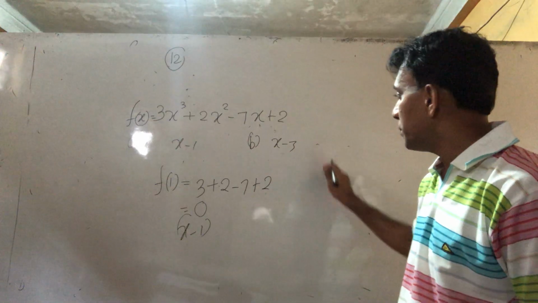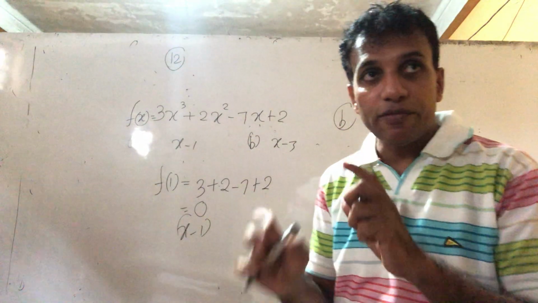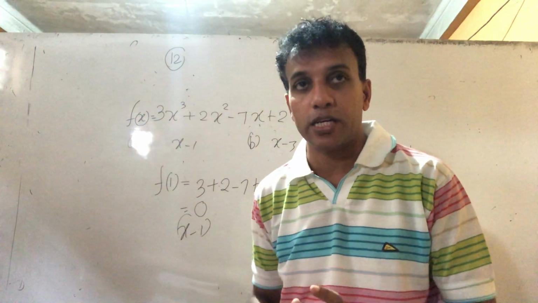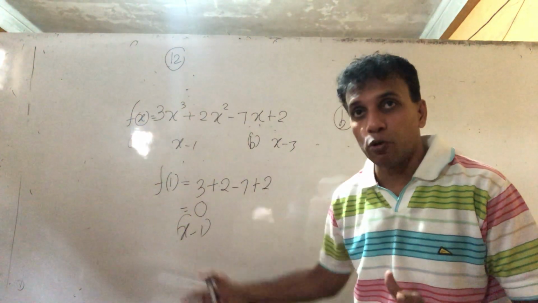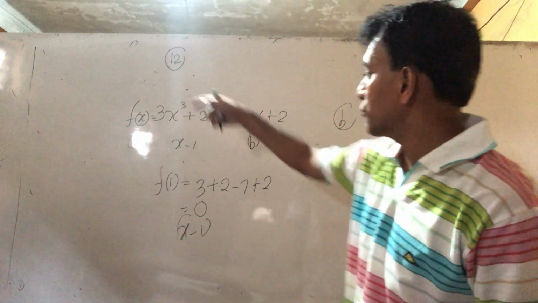The same idea for the B part. You have to find whether x minus 3 is a factor of the given polynomial. In similar fashion, put x equal to 3 and check whether it becomes 0 or not.